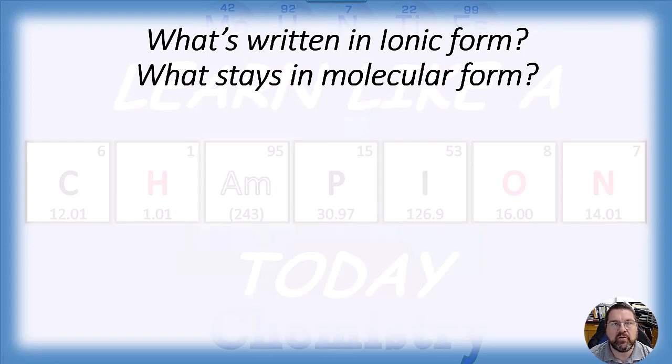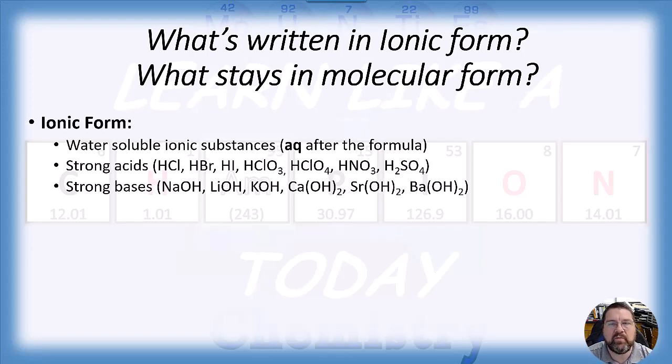So the first thing to determine, by looking at a molecular formula, which is by and large the most common type of chemical equation that we see, is what should stay written in molecular form and what's going to get dissociated into ionic form. Well, again, water-soluble ionic substances, the biggest clue there is that they have aq written as the state after them.